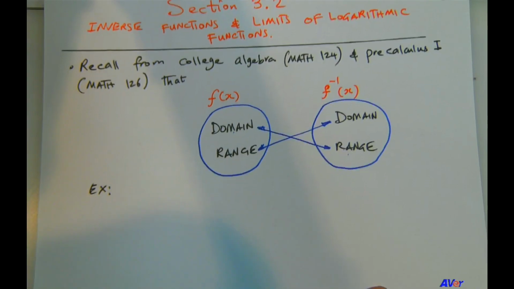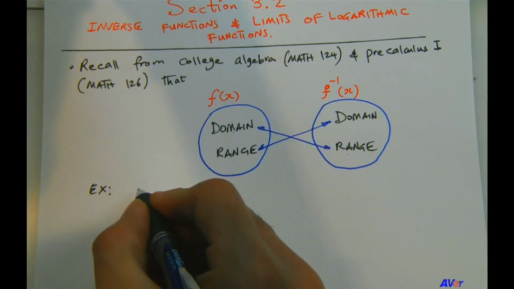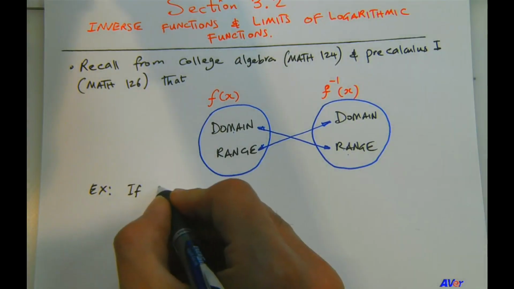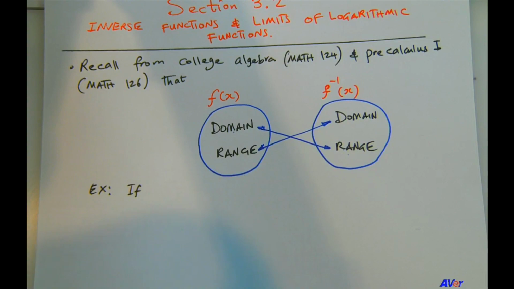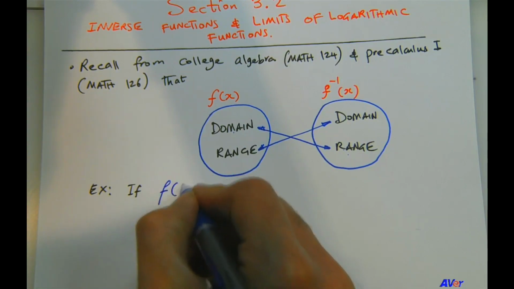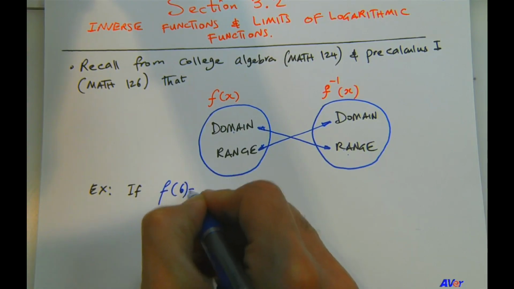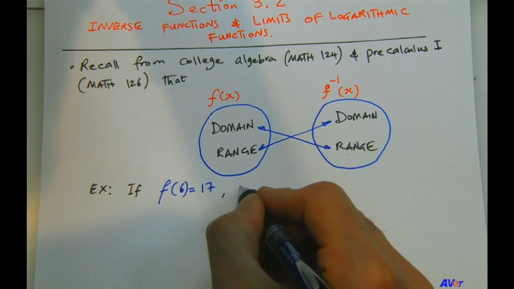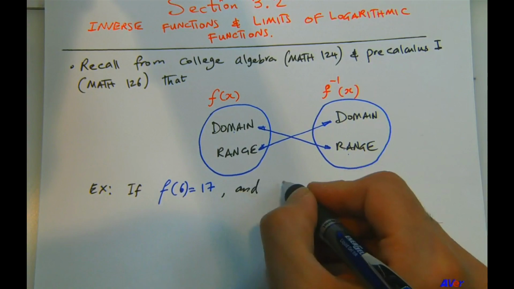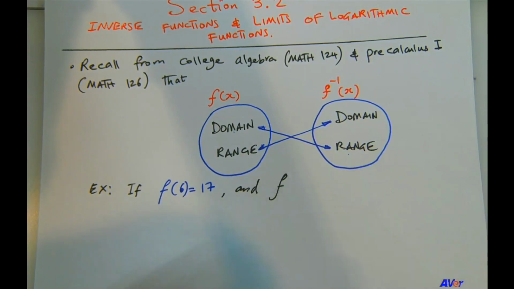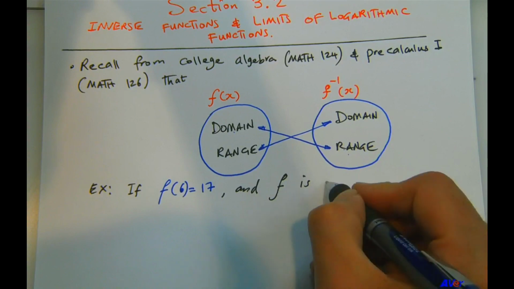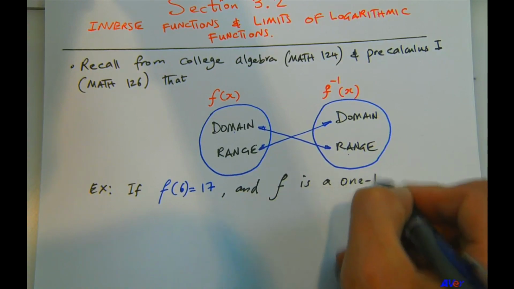Suppose we have f of 6, the value of the function at 6, equal to 17, and function f is supposed to be a one-to-one function.